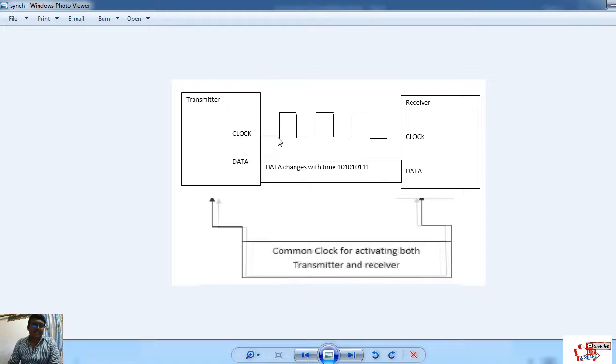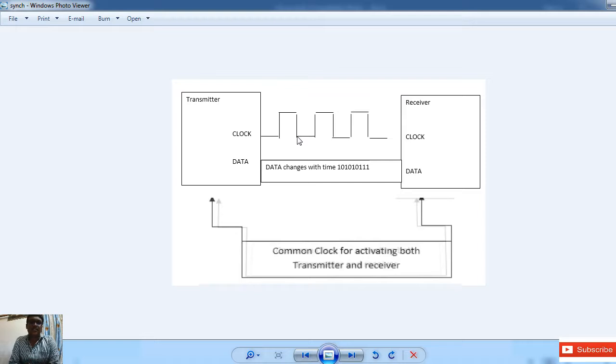For every change in the clock, the data is shifted by 1 bit. Here we make use of shift registers. The shift register value changes on the rising edge of the clock or the falling edge of the clock.